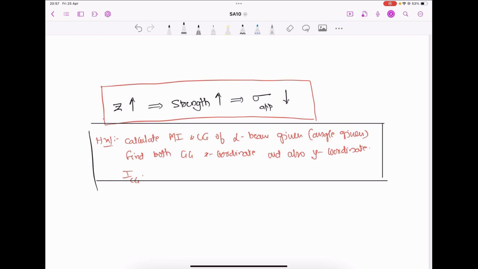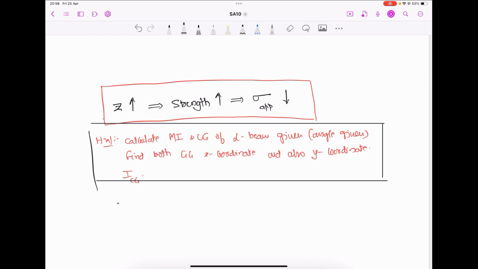Too much increase in the size of the section modulus will also hamper the cost of the structure, and a lesser section modulus means the applied stress will be more, where failure may occur.